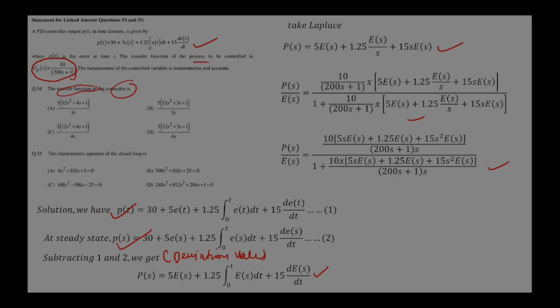Now the characteristic equation of the loop. So we know the characteristic equation of the loop. I have solved till here. Now for the loop: this is the controller, not constant controller.